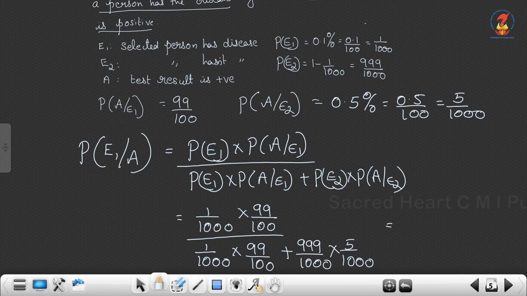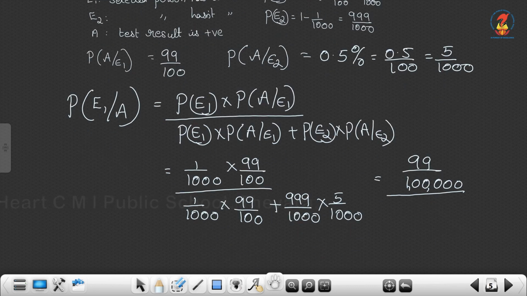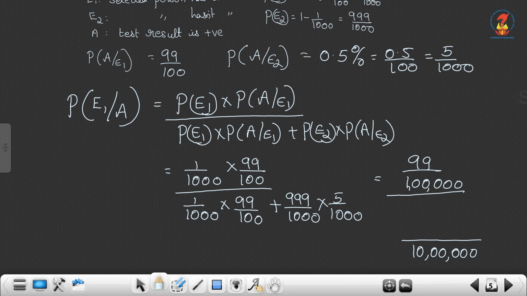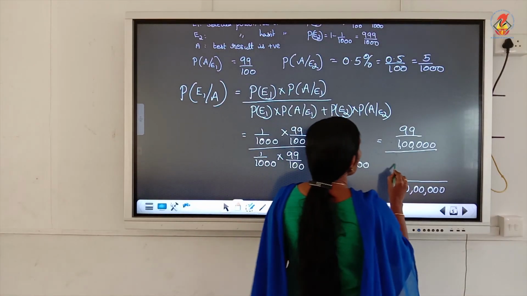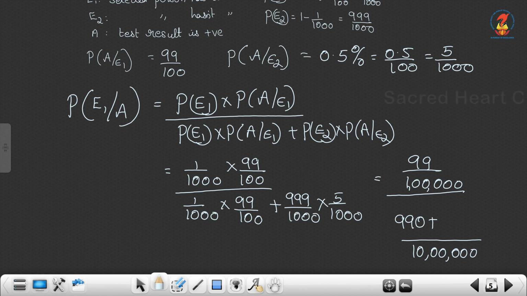Okay, so 99 by 1 lakh. Taking LCM, here 5 zeros, there 6 zeros, so 10 lakh. So here you have to multiply by 10, so 990, plus then multiply.